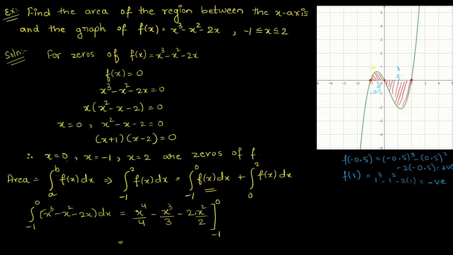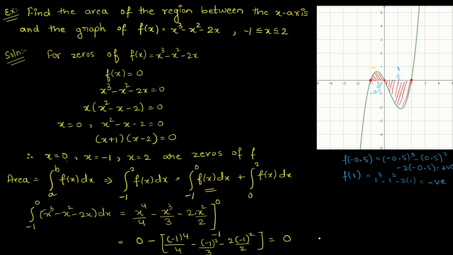Since the upper limit is 0 and you have x in each of the places, everything will be 0. So it is 0 minus the lower limit. Lower limit minus 1: minus 1 power 4 by 4 minus minus 1 power 3 by 3 minus 2 times minus 1 power 2 divided by 2. So we simplify this.